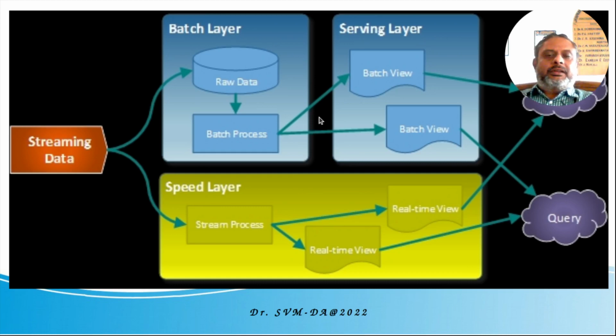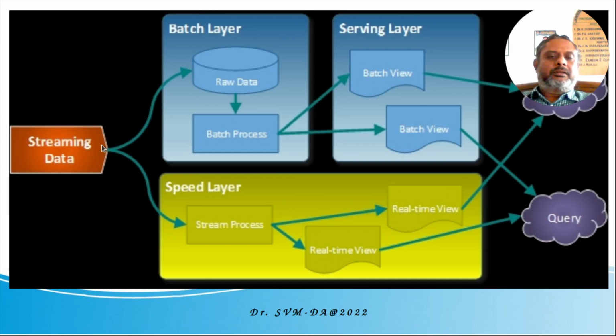Then basically there are two ways of working with the data. One, when the data is coming in the form of a stream, then there are two ways of solving it. One is the streaming data is processed in real time. So that processing is done in the streaming process, and real-time results are made available.